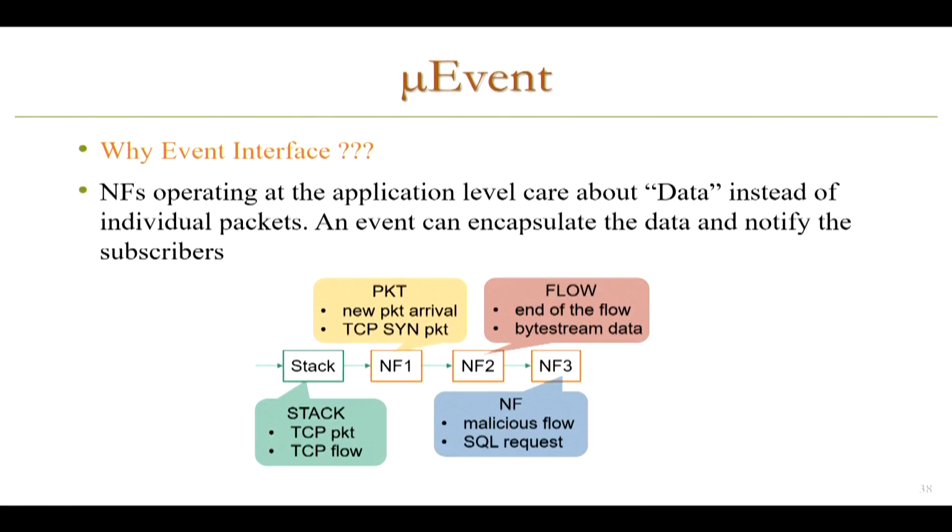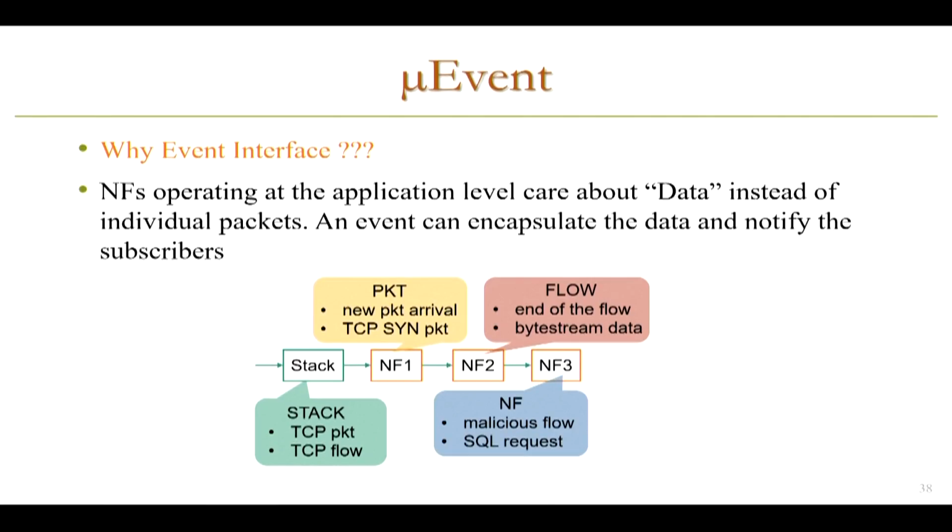Okay, so far we are still using a packet interface to describe the consistency problem. But ideally, we want a more flexible and general interface, since NFs operating at application level care about data instead of individual packets. Then we came up with micro event, since an event can encapsulate the data and notify the subscribers.